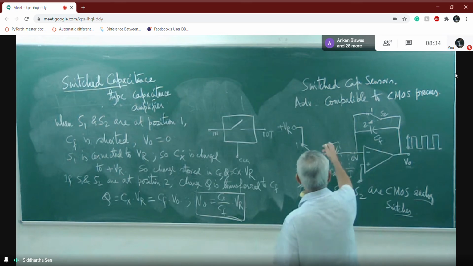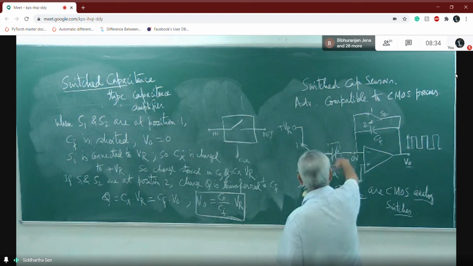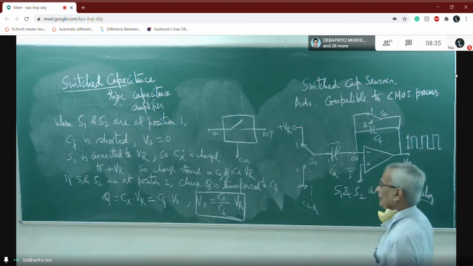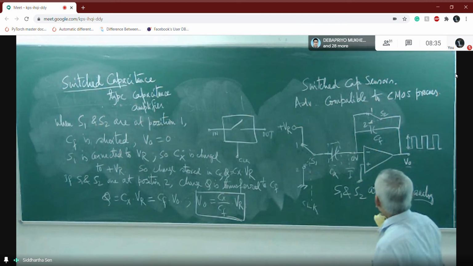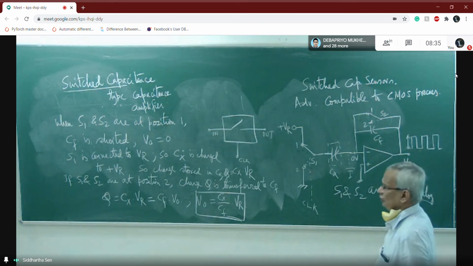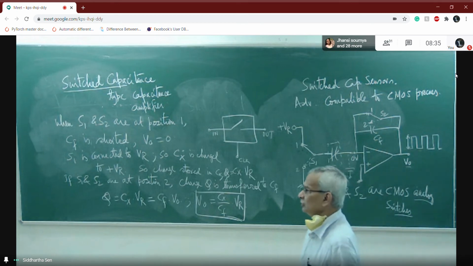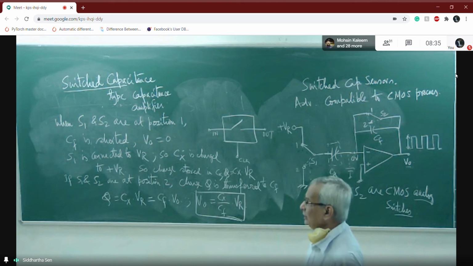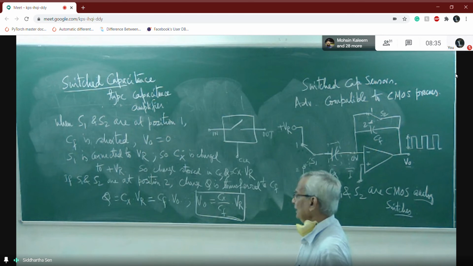And obviously I have shown it for a single capacitor, but for a push-pull configuration also there is some simple circuit. So the switch capacitance configuration is often used for sensing like this. And not only that, please know that the switch capacitance filter is an integral part of any analog IC.